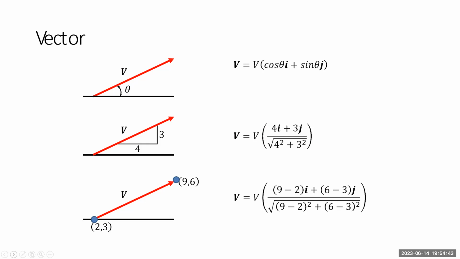So if you use Pythagoras theorem to find V, for the 4 it will be 4i, and for the 3 it will be 3j. Then for the magnitude, it would be the square root of 4 squared plus 3 squared, which is the actual Pythagoras. That is helping you to show how you get the unit vector.